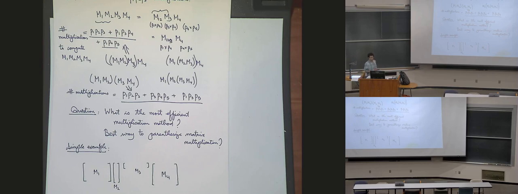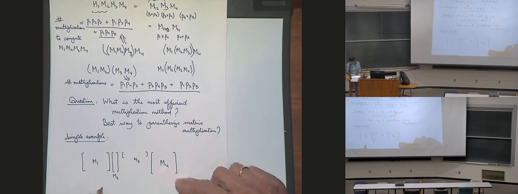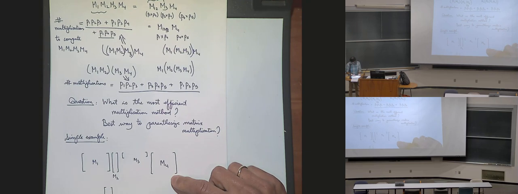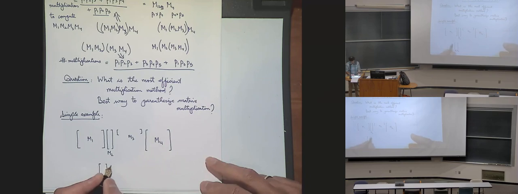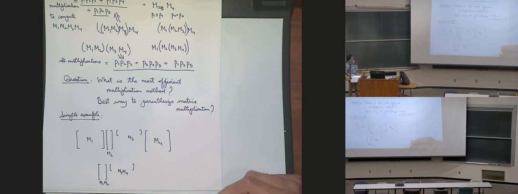If you actually think about it, if you multiply M1 and M2, you also get a tall and skinny matrix. M1, M2 is going to look like that, and M3, M4 is going to look like that.